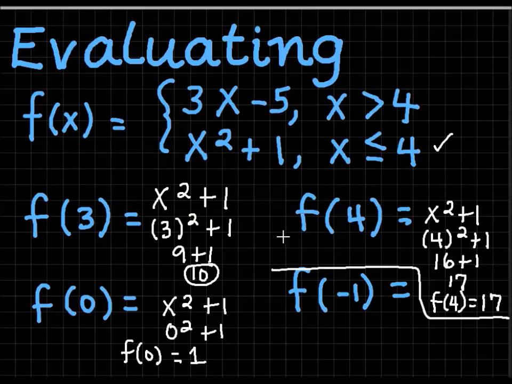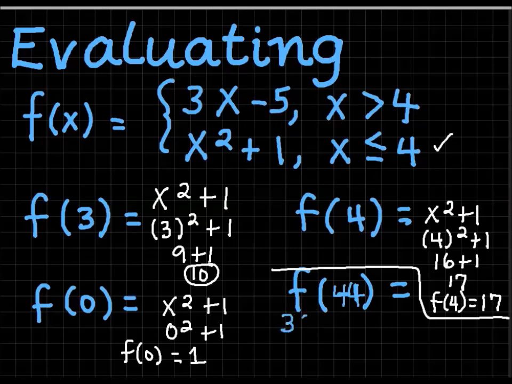And then last, we have f of negative 1. Well, this is yet another one where x is less than 4. Let me change this up, just so we can try a different number. Instead of negative 1, how about 44? Okay, so f of 44. Well, 44 is a number that's larger than 4, so I would be using this rule up here, 3x minus 5.